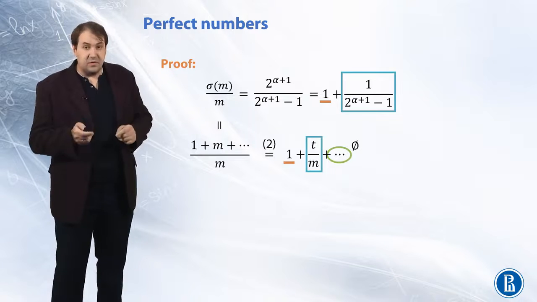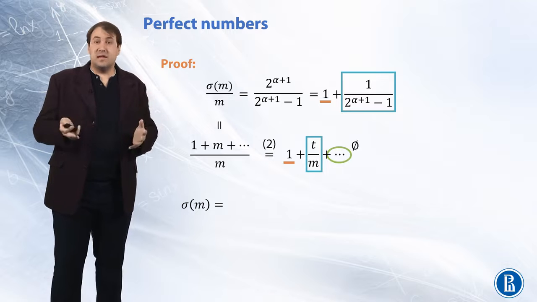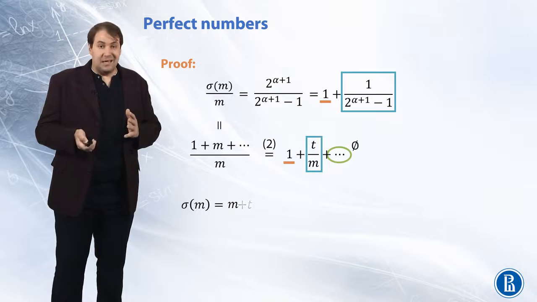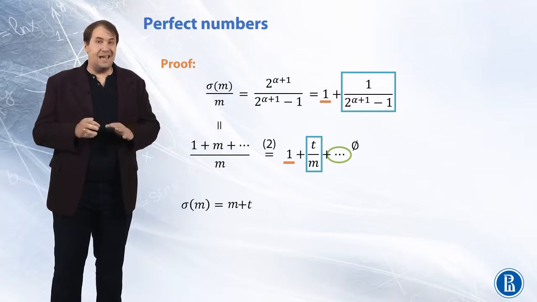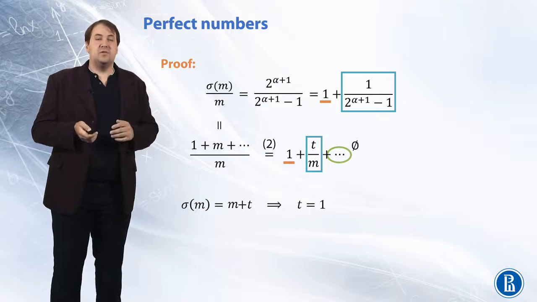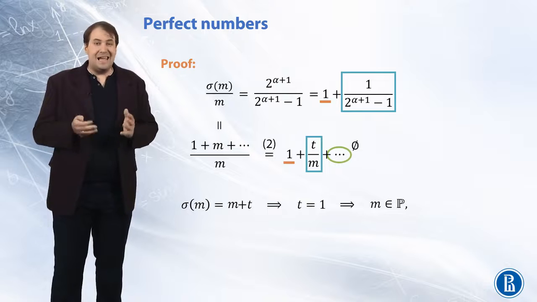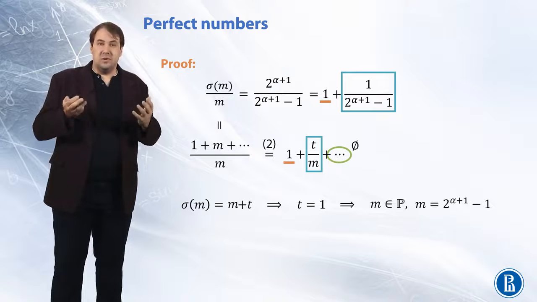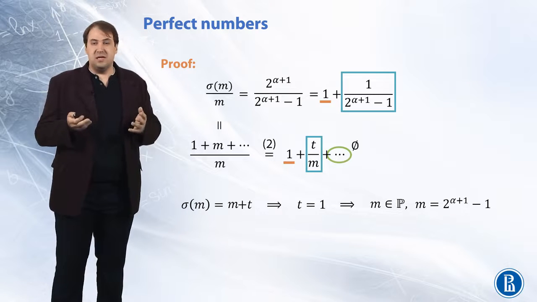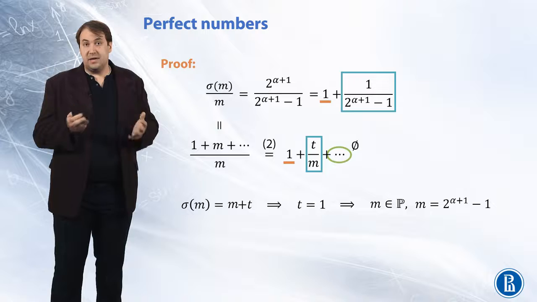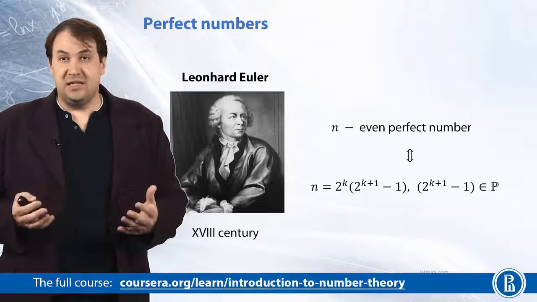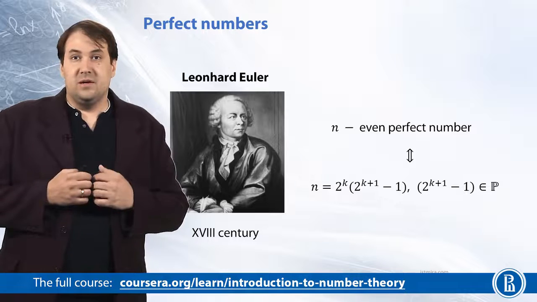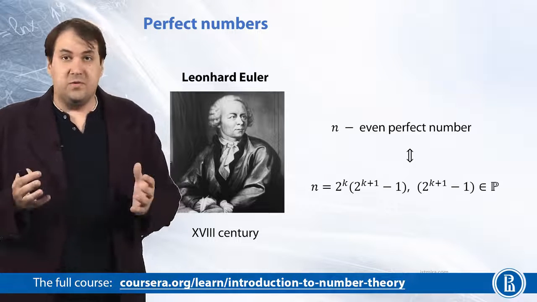From this, it follows that the sum of all divisors of m is equal to m plus t and nothing else. And from this it follows that t must be equal to 1 and m must be prime. So also we gain that m must be equal to 2 to the power of alpha plus 1 minus 1. This was a famous result obtained by a very famous mathematician called Leonhard Euler, who did very much for number theory.